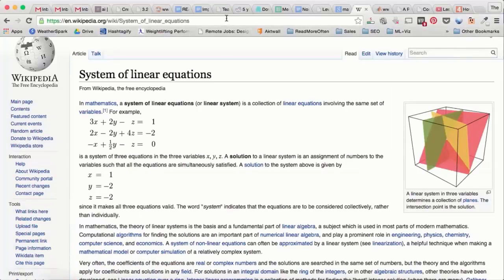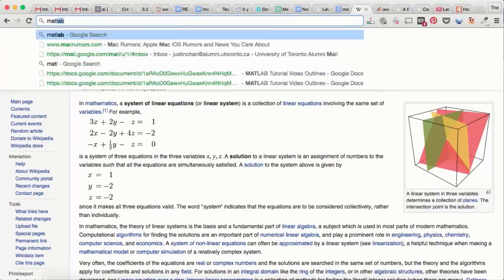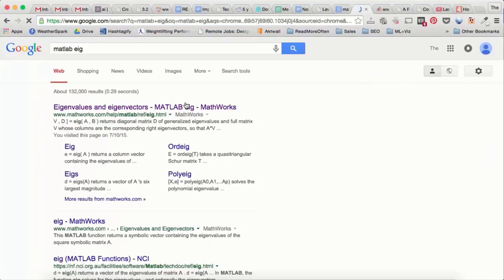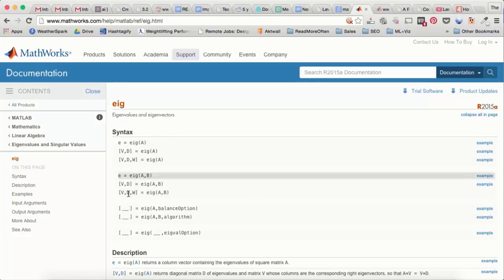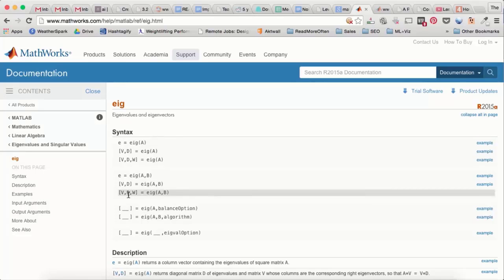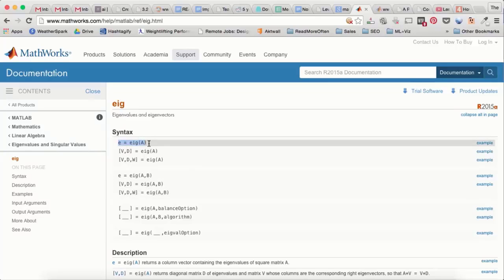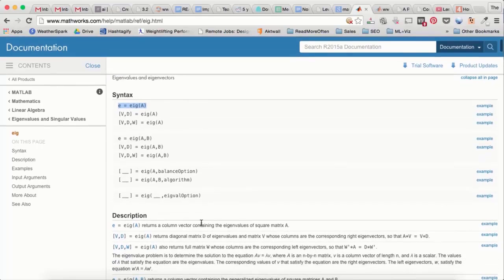Now, one interesting thing about Matlab that differs from other languages is that what is returned by the function is not set in stone, it's dynamic. So if we look at the documentation for the eig function, we see that if there's one output parameter, it returns this little e.